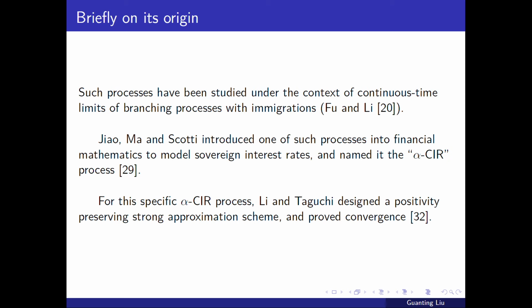They introduced it into financial mathematics to model sovereign interest rates, and they named it the alpha CIR process. And that's where the convention comes from. Later on, for this specific alpha CIR process, Lee and Taguchi designed a positivity-preserving strong approximation scheme and proved strong convergence for the scheme.